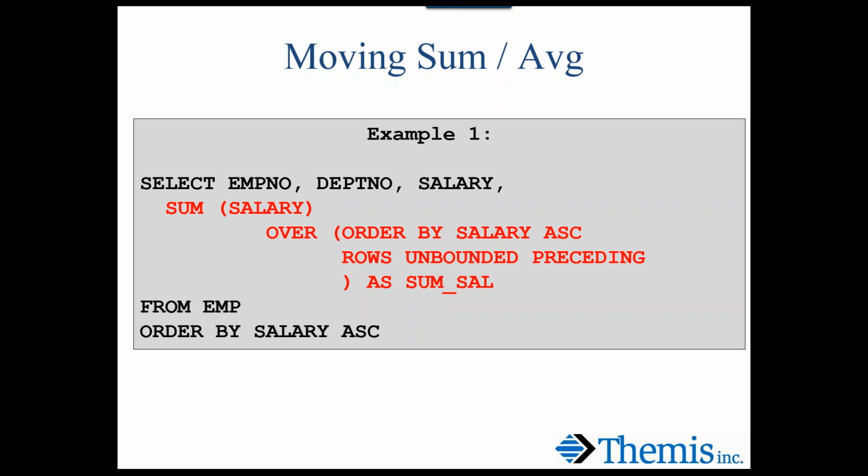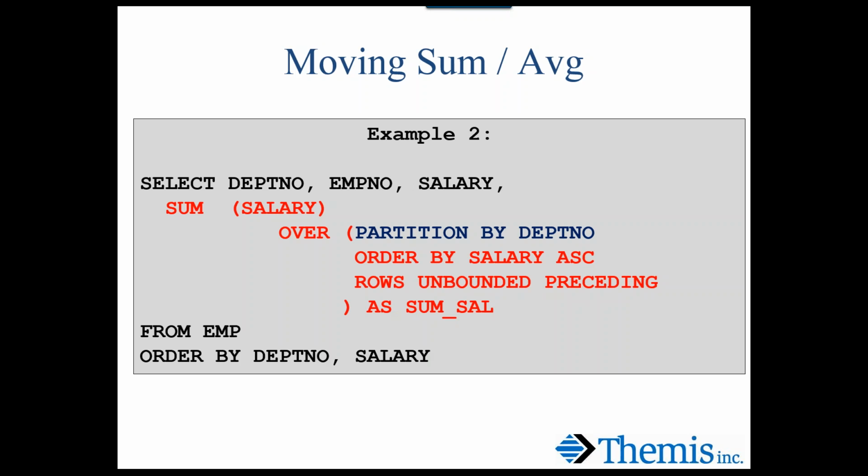Rows unbounded preceding. We're going to see some examples of where I can modify that a little bit in a moment. But that right there, you're defining how far back we go, unbounded preceding, all the way back to the beginning.